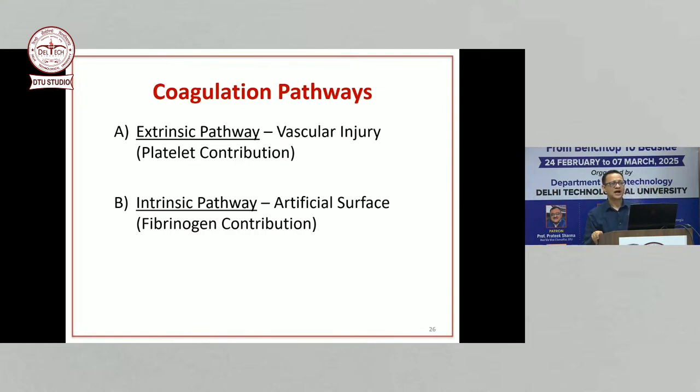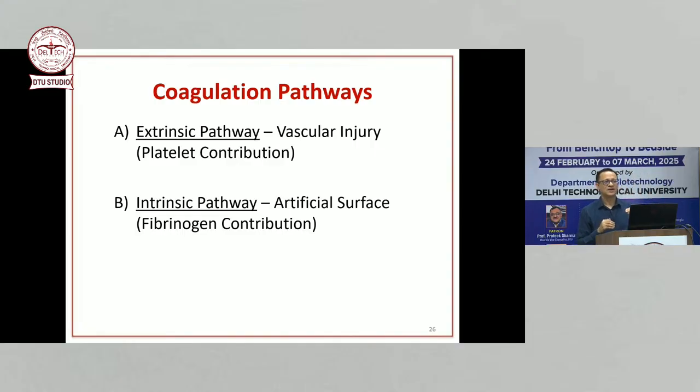How I remember it is, extrinsic pathway is like an injury. So external, you have a cut, it's the extrinsic pathway. And when you get a cut, platelets have a big contribution, right? Because platelets need to recognize that cut and start plugging immediately, otherwise you will keep bleeding.